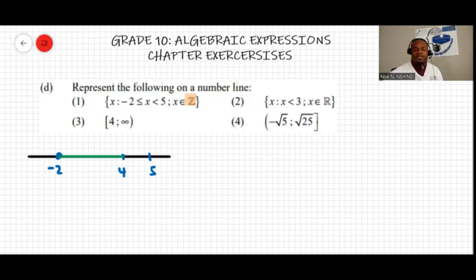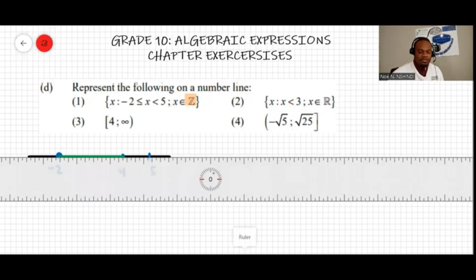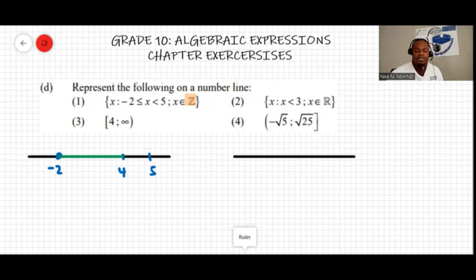And then over here, the question says x lesser than 3, and x is a real number. So now let me draw my number line. I draw a number line here. And then the critical value here is just 3.